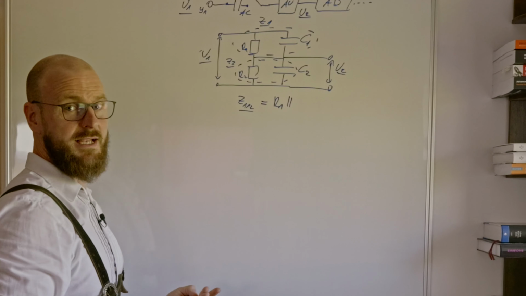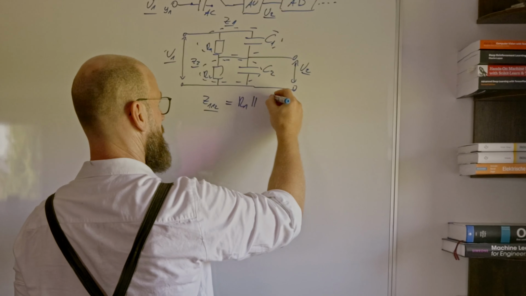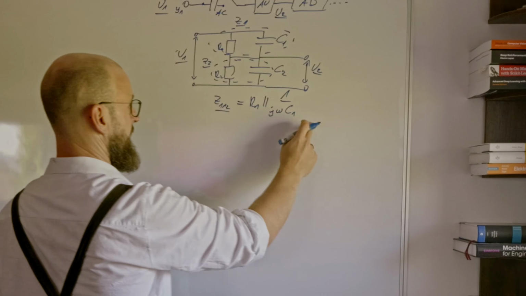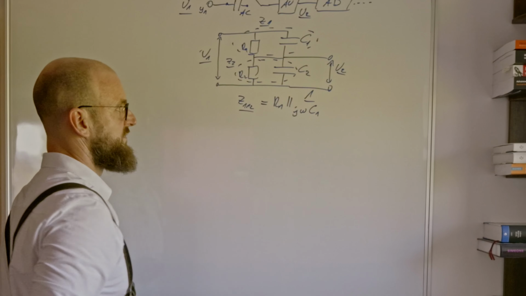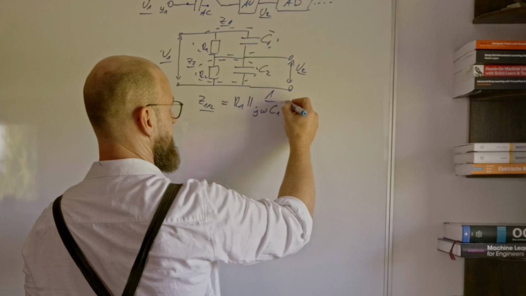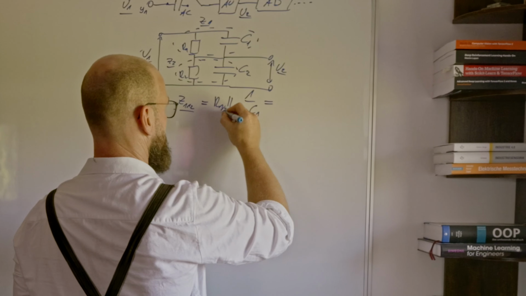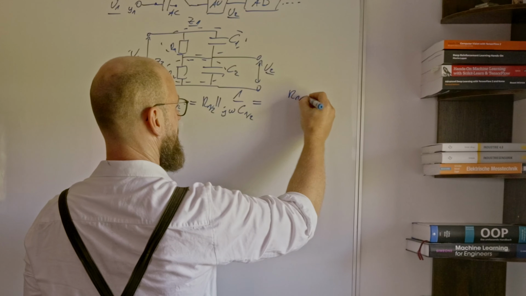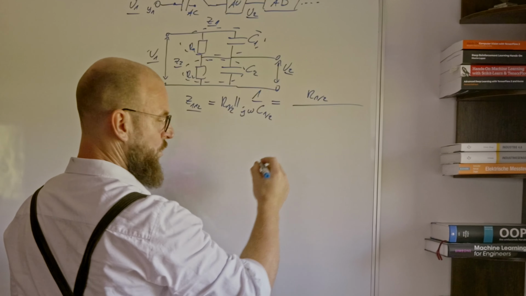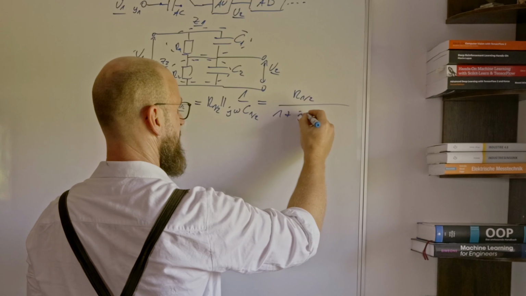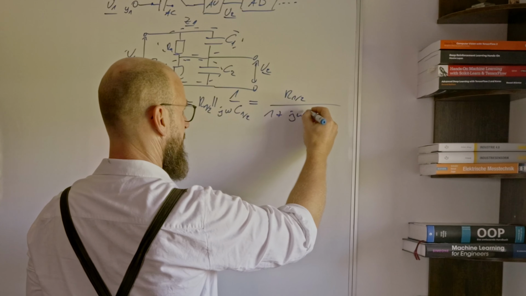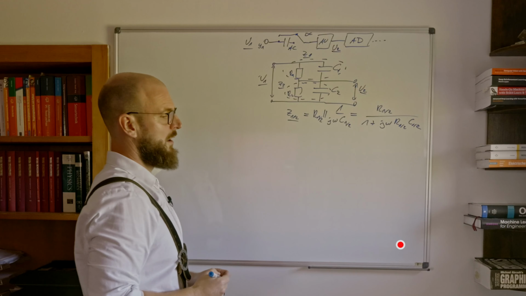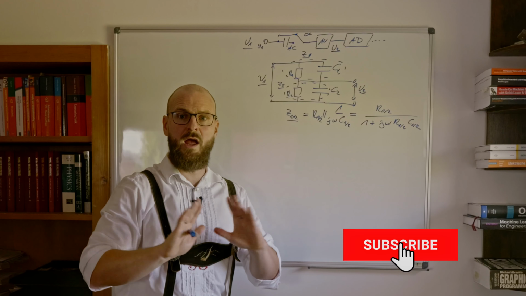The resistance of C1 is 1 over j omega C1. That's the complex resistance of C1. Calculating that gives us R1 or 2 over 1 plus j omega R1 or 2 C1 or 2. Awesome, because now we know everything.